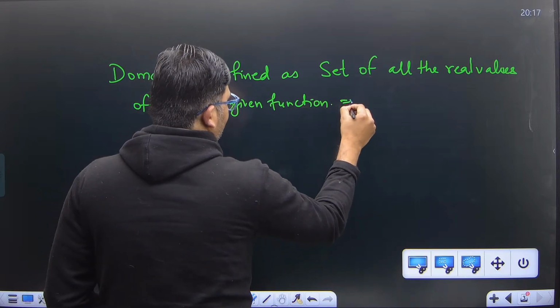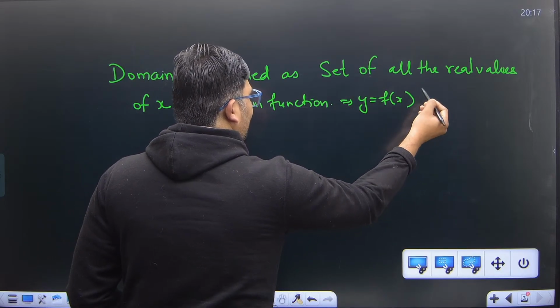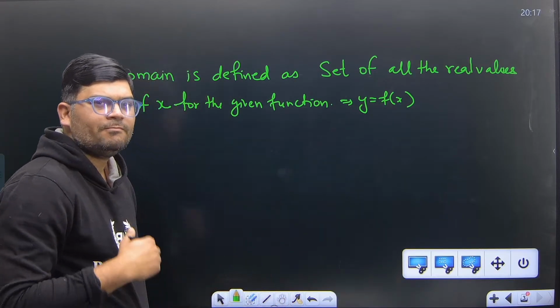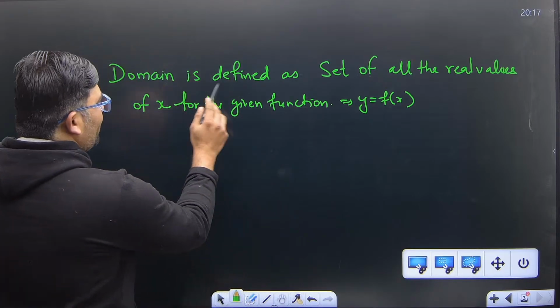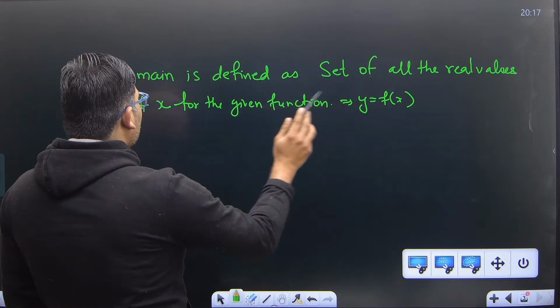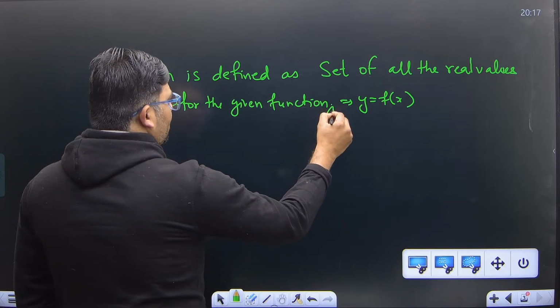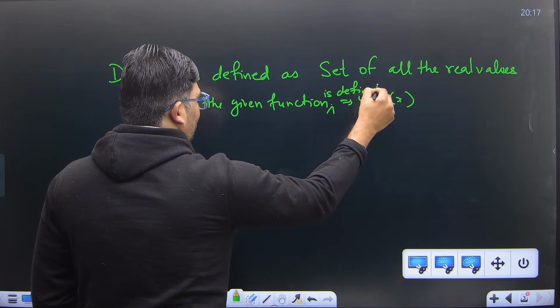You can say the function is given as y is equal to f of x, and it can be anything. It is defined as function of x. We are doing some function on the independent variable x. So domain is defined as the set of all real values of x for which the given function is defined.